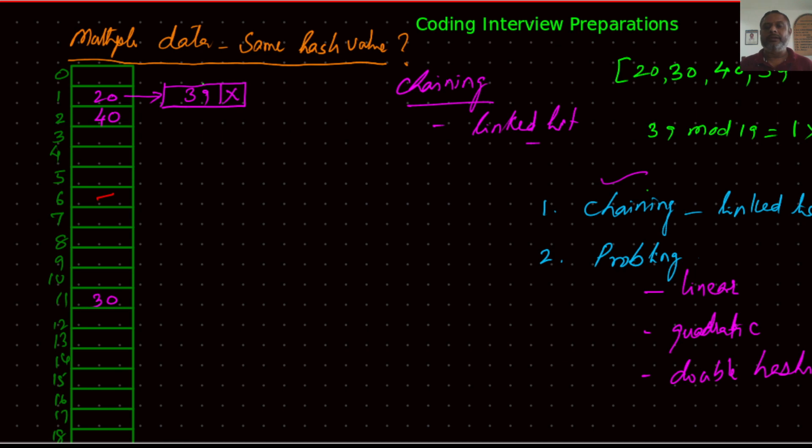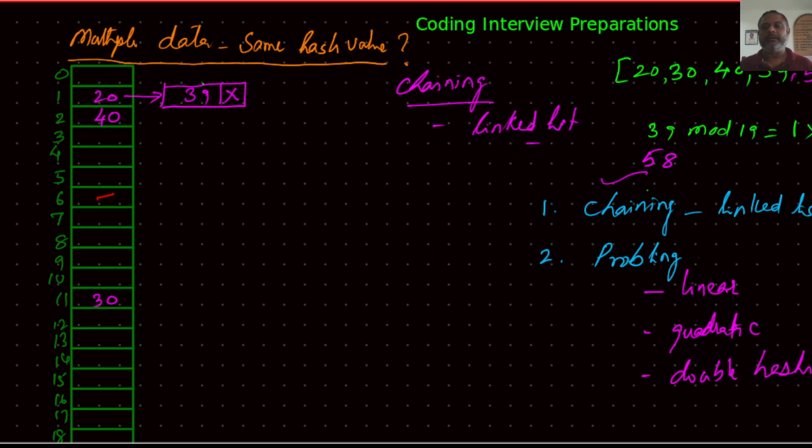Now let's look at what would happen when we add one more value, and the next value would be 58.